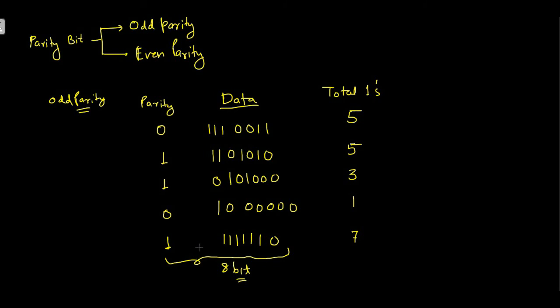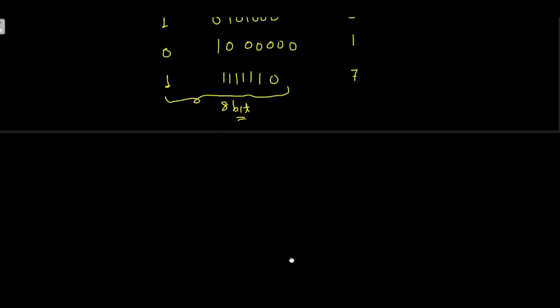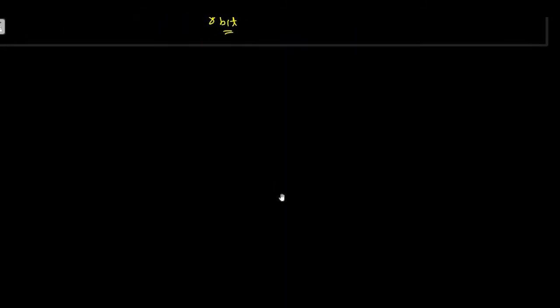So this above example is one of odd parity. Similarly, even parity can also be used in many systems. In case of even parity, suppose we have a 7-bit data.